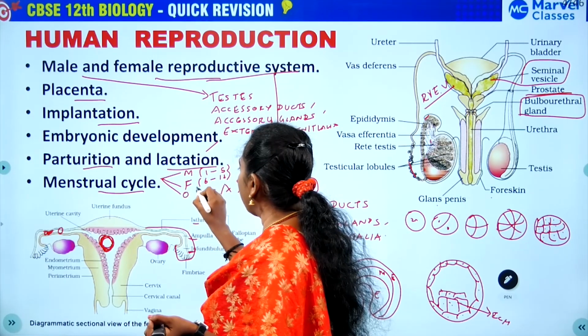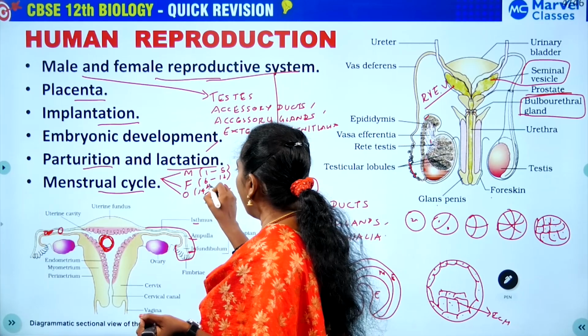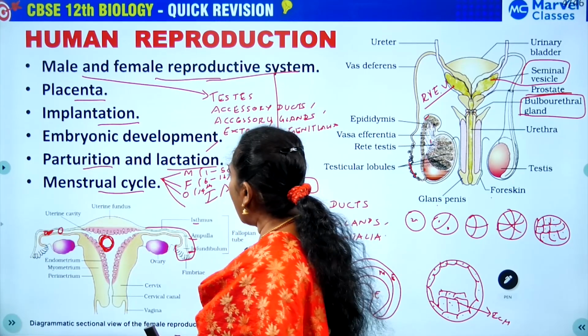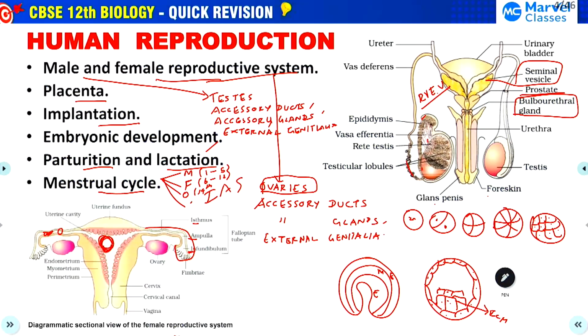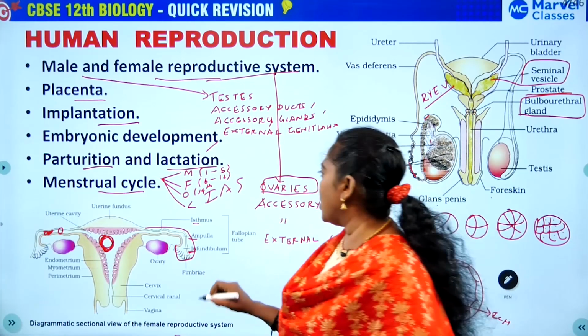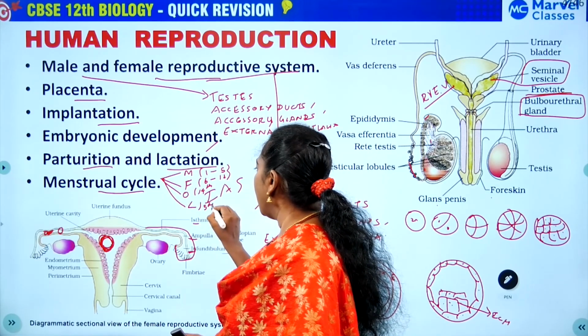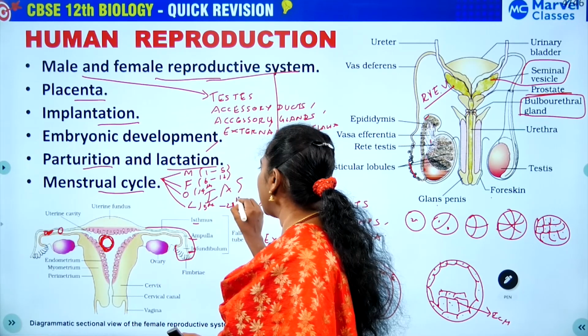Then the ovulatory phase: on the 14th day ovulation occurs, and on that day the LH hormone will also be high. Then the last phase is the luteal phase or secretory phase, where the corpus luteum secretes progesterone, and that lasts from the 15th day till the 28th day.